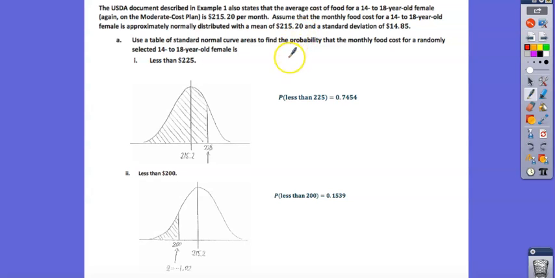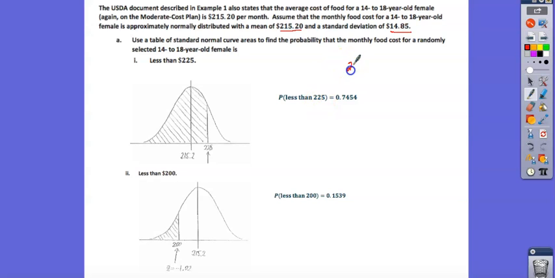Here's another one. It tells you the average cost of food. This one is a little bit similar. It gives you a mean of 215.20 and a deviation of 14.85. So you're really doing the same thing, but when you do the z-score, here's 225.